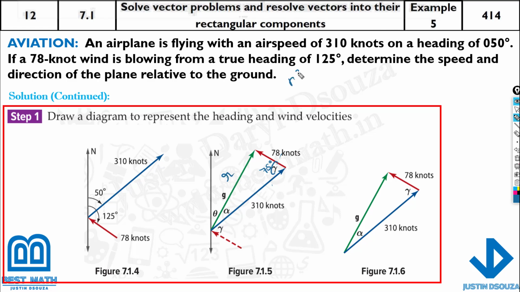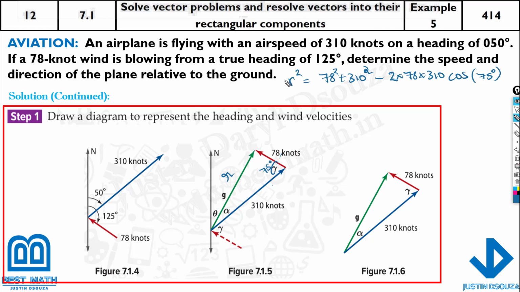So R square will be equal to the sum of the squares of these two sides, 78 squared plus 310 squared, minus 2 times these two values, 78 times 310, times cosine of the included angle, 75 degrees.